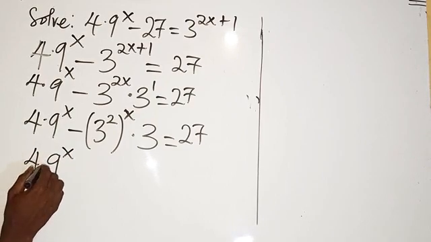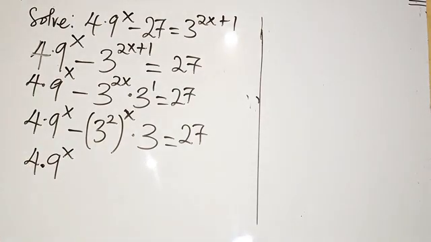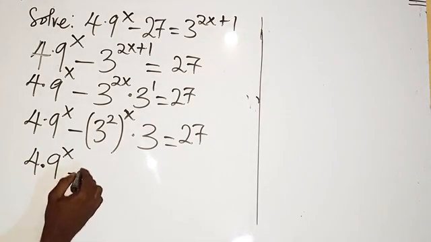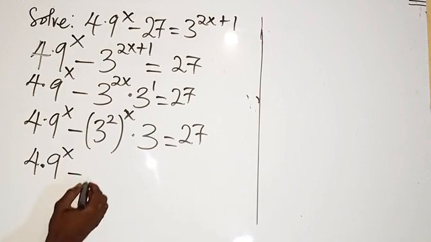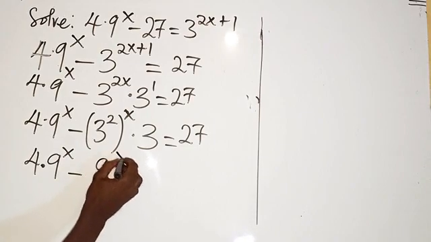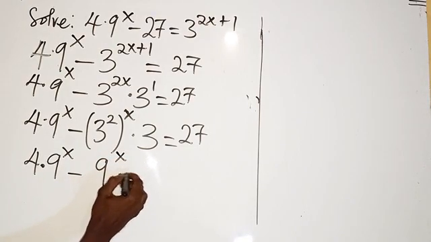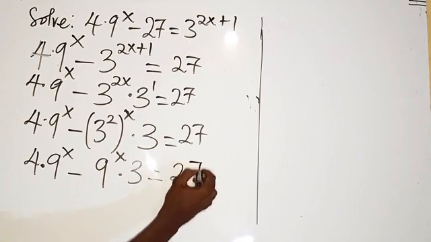Don't forget this point is multiplication, so we call it dot. Minus, so this can be written as 9 to the power x times 3 equals 27.